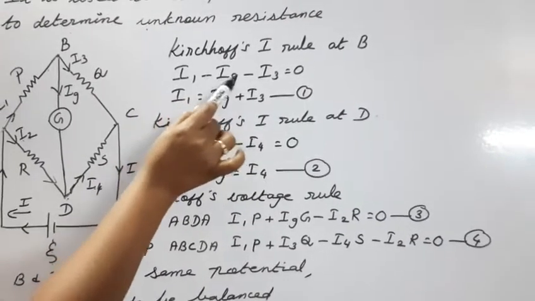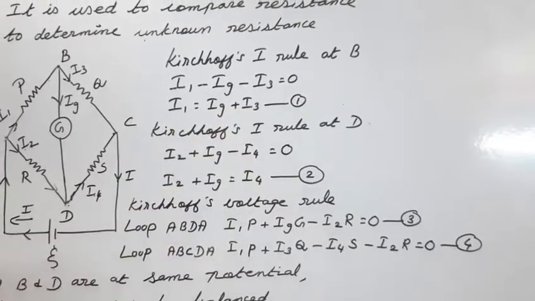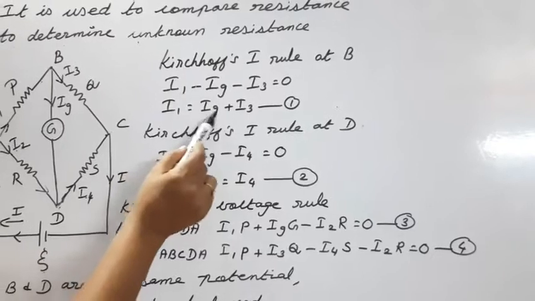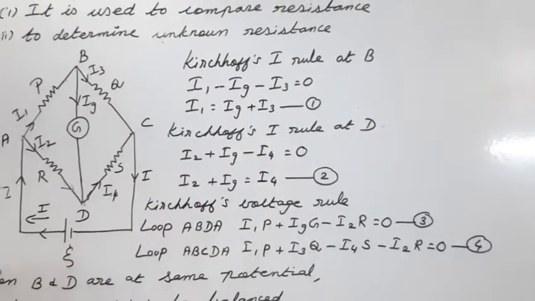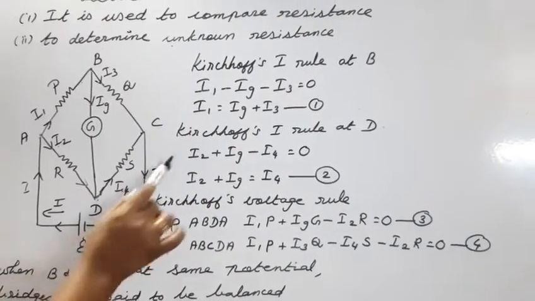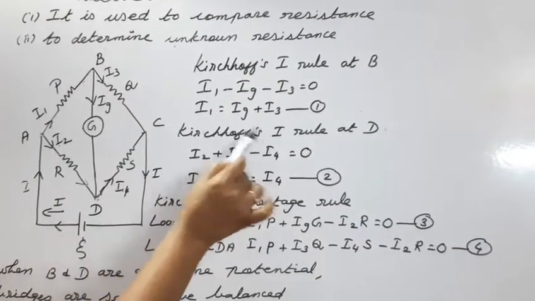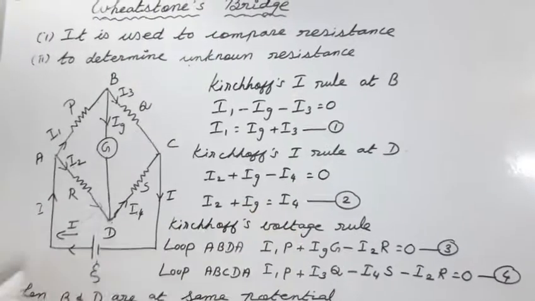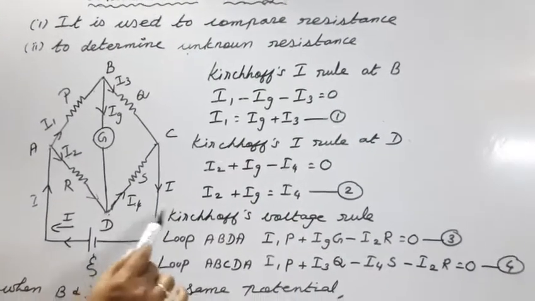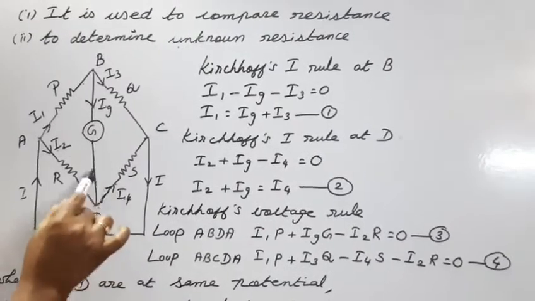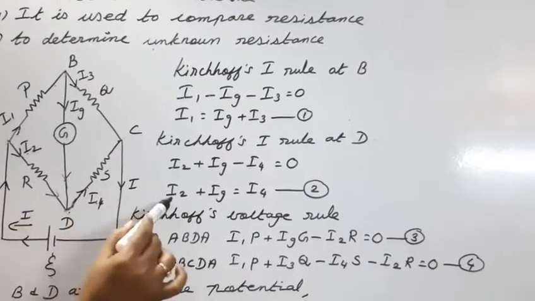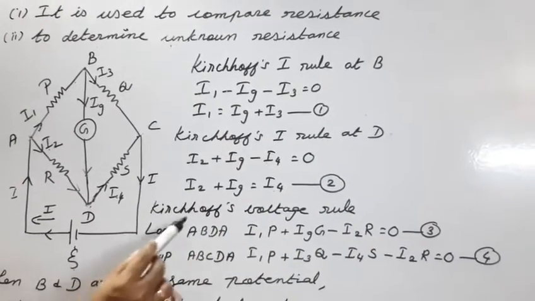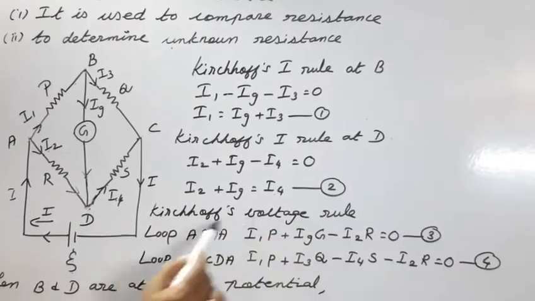Therefore I1 minus Ig minus I3 equals 0. Keeping positive and negative separately, I1 equals Ig plus I3, the first equation. Next we consider point D. At point D, I2 plus Ig minus I4 equals 0, because I4 is in the opposite direction, so minus sign. Therefore I2 plus Ig equals I4. This is the second equation.